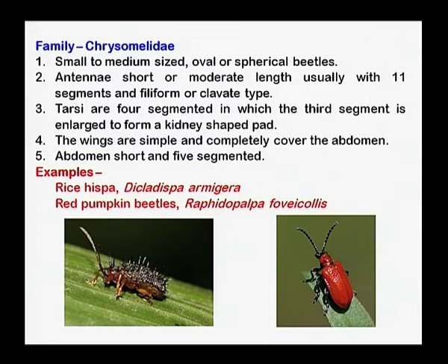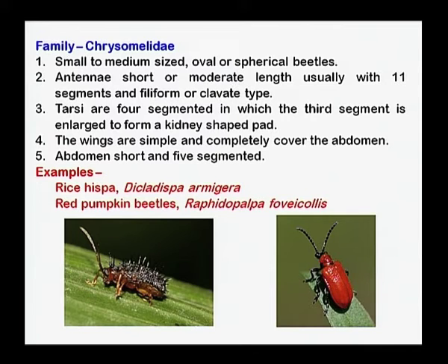Another family is Chrysomelidae. They are small to medium sized oval or spherical beetles. Antennae are short, moderate in length, usually 11 segmented and filiform or clavate type. Tarsi are 4 segmented, in which the third segment is enlarged to form a kidney shaped pad.